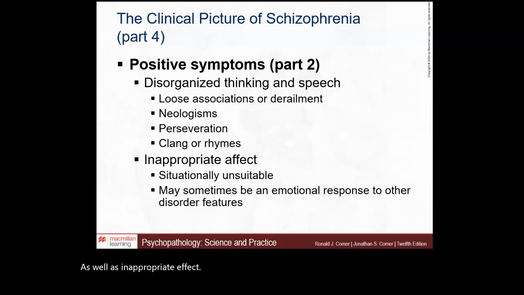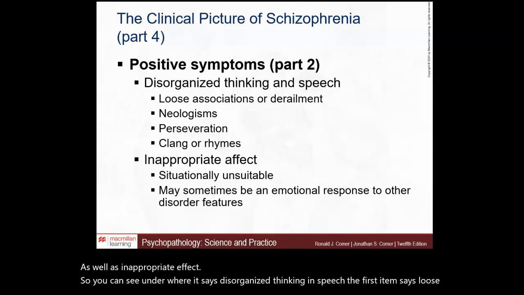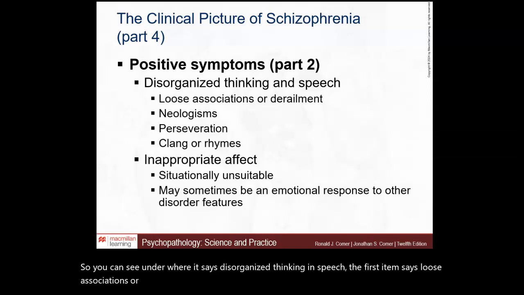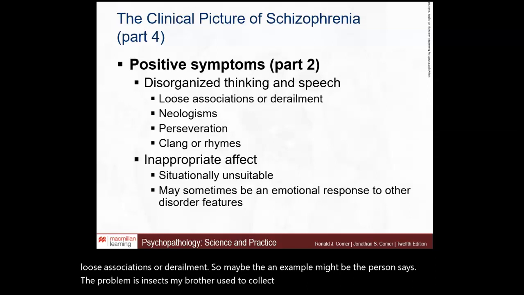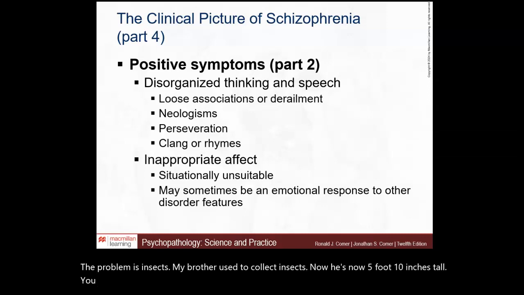So you can see under where it says disorganized thinking and speech, the first item says loose associations or derailment. So maybe an example might be the person says, the problem is insects. My brother used to collect insects. He's now 5 foot 10 inches tall. 10 is my favorite number.